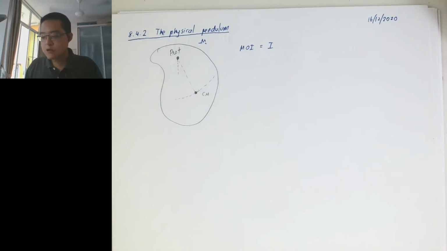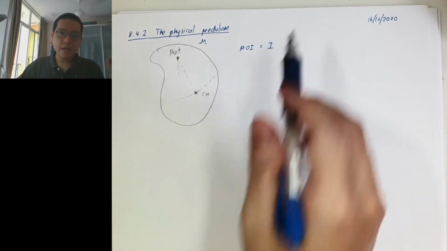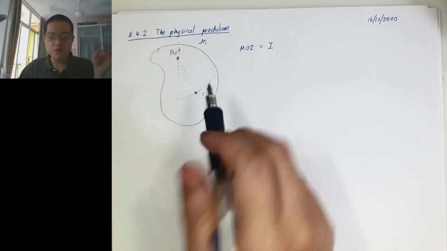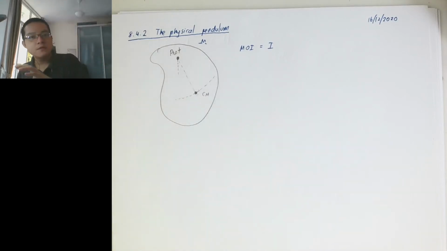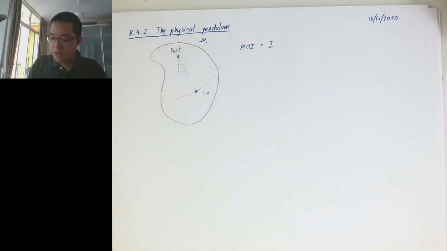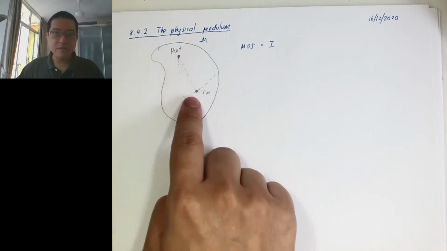So how do we study this system? As always, if we know the center of mass, we can treat all the forces in relation to the center of mass. So we treat it like a point particle and we solve Newton's law using the center of mass. So what are the forces acting on the center of mass for this type of situation?